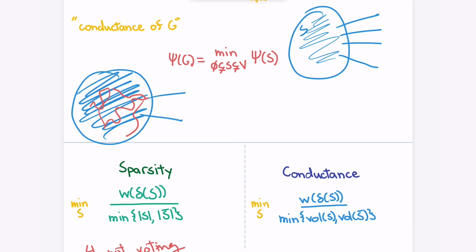We know that for a random walk, the stationary distribution is proportional to the degree, so it's going to be on this side of the graph with something proportional to the volume. So a low conductance cut represents these bottlenecks from a random walk point of view. It's really hard to get out of this set because all these edges and all this volume are pulling it in, and very few go across.